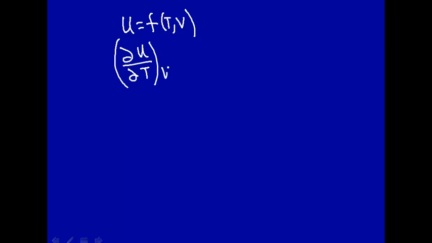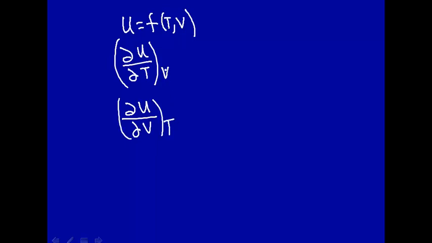Okay, so we have U is a function of those two variables, temperature and volume. So we can take the derivative of U with respect to temperature, and I'm using this symbol because we have a function of more than one variable, at constant volume, or we can take the derivative of U with respect to volume at constant temperature.